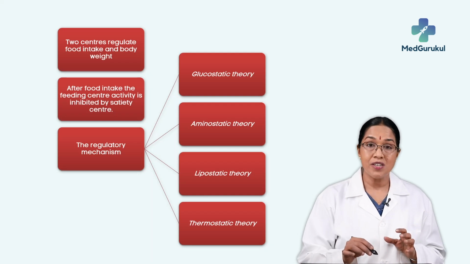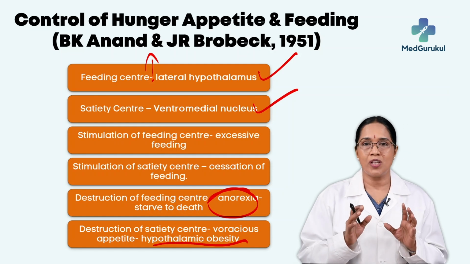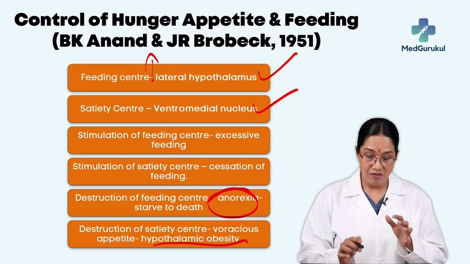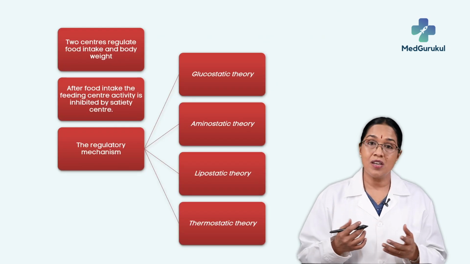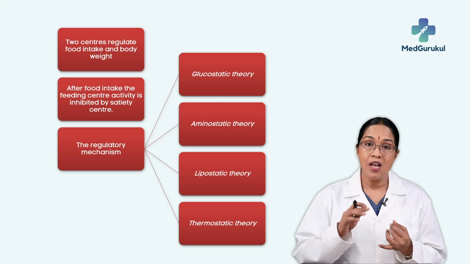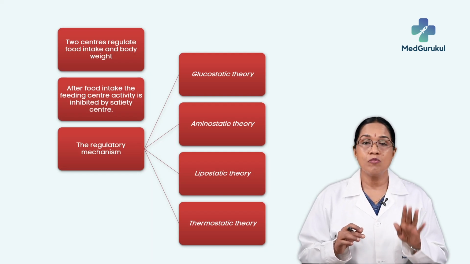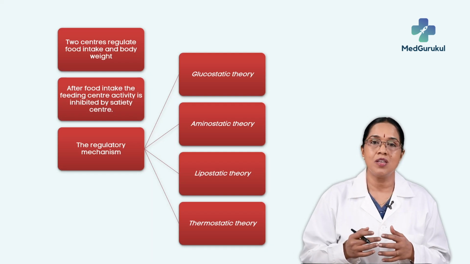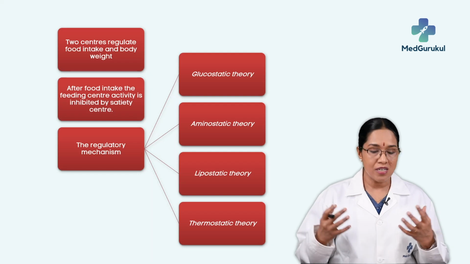Regarding the involvement of the hypothalamus in hunger, appetite, and feeding, there are different theories: the glucostatic theory, the aminostatic theory, the lipostatic theory, and also the thermostatic theory. All these theories in part explain a person's or an animal's feeding or eating behavior.